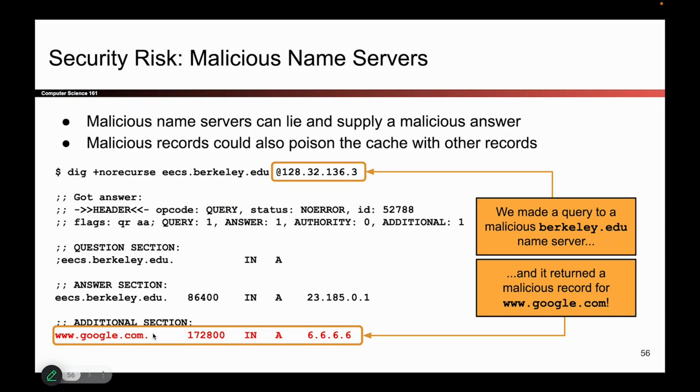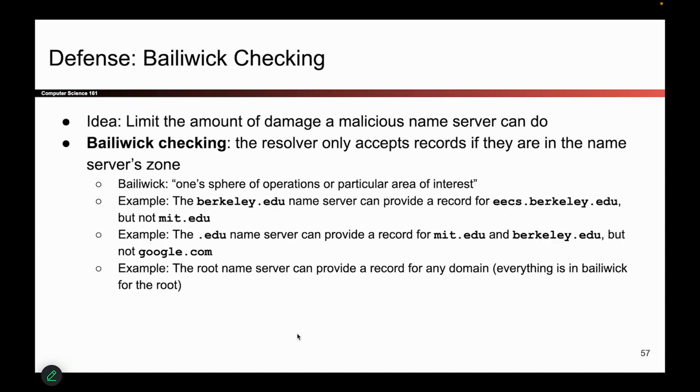So one defense we can do to limit the amount of damage a malicious name server can do is to reject any records that are not in that name server's zone. So for example, if someone hacks into the berkeley.edu name server, that name server is responsible for eecs.berkeley.edu and its associated records, but it is not responsible for mit.edu because that's not in the berkeley.edu zone.